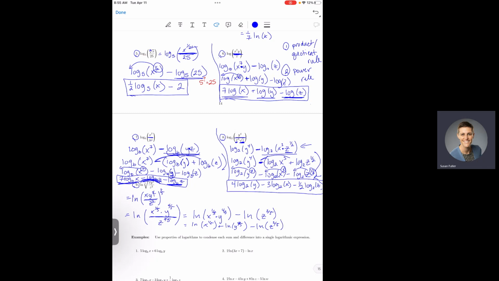And now we just need to take all those exponents and drop them out front. So this is going to be 1/5 times the ln of x plus 4/5 times the ln of y minus 2/5 times the ln of z. And that is our final answer.